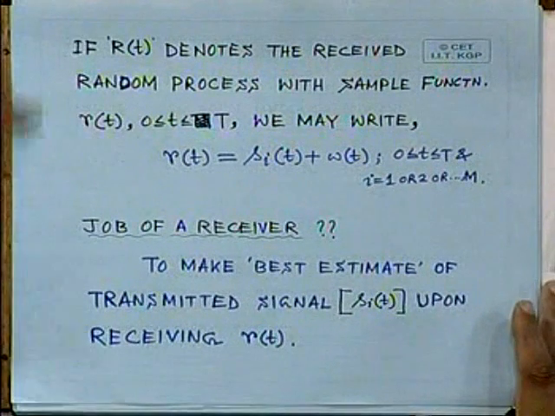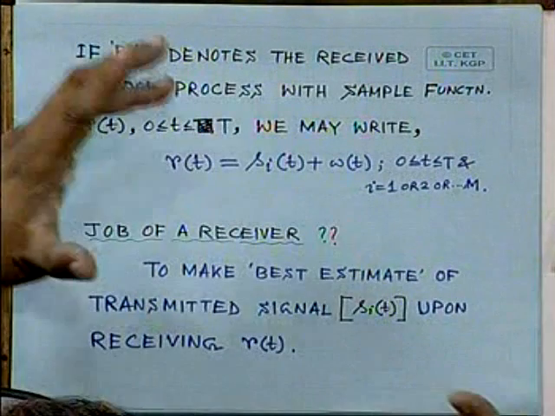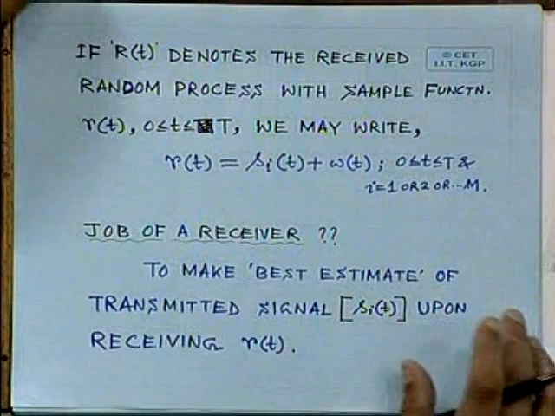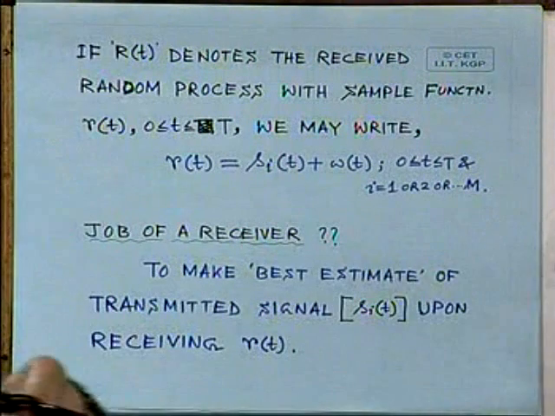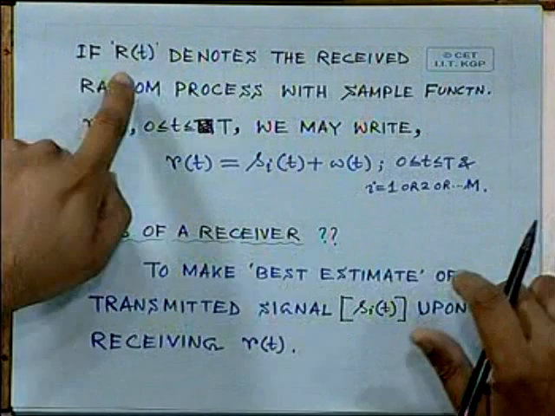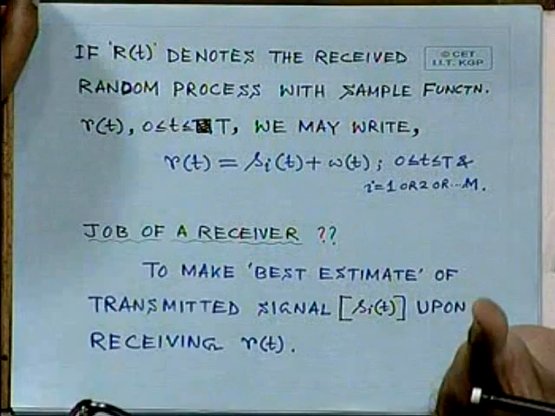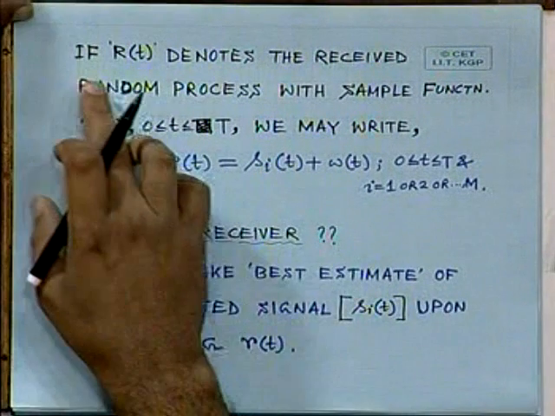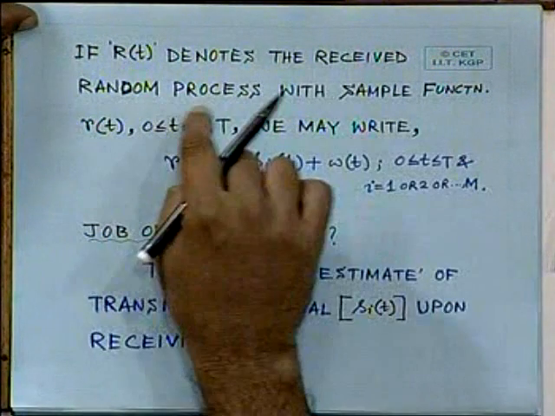Now I am following that classical approach of statistical description of the whole process. So I am defining a received random process, capital R(t). This is a stochastic process, a statistical experiment being conducted and observed after a duration of capital T. So capital R(t) I am using to indicate the received random process.